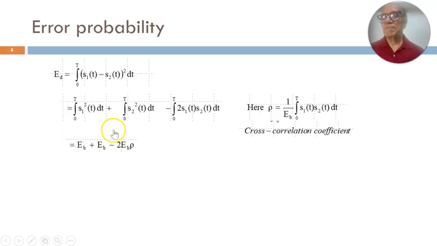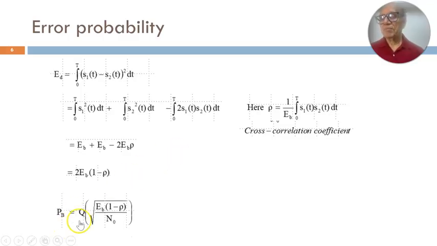So this is EB, this is EB, and it's easy to see that this integral will be rho multiplied by EB, and there's a 2 here, so you get this as 2 EB multiplied by rho. So you combine this, you obtain 2 EB (1 minus rho). That is, remember, the energy of the difference signal.